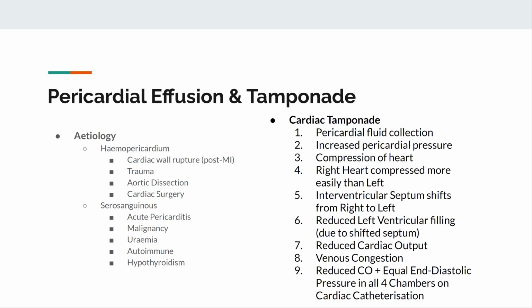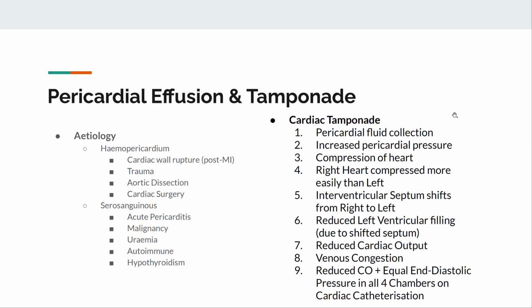Cardiac surgery. And then if it's not blood, it's more of a serous transudate kind of fluid. That could be pericarditis, cancer, uremia, autoimmune, or even hypothyroidism, which is an interesting point for P4P next year when you look at endocrine. Thyroid does so much in every single organ, so it doesn't surprise me that it does something to do with pericardial effusion.